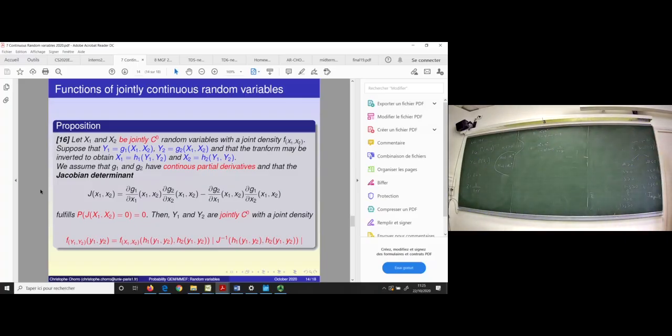Now my set of possible values. For G1, I do the sum of two strictly positive numbers. What I obtain as an image of G1 is R plus star. Doing the sum of two strictly positive numbers, I recover all the strictly positive numbers. What happens for this one?